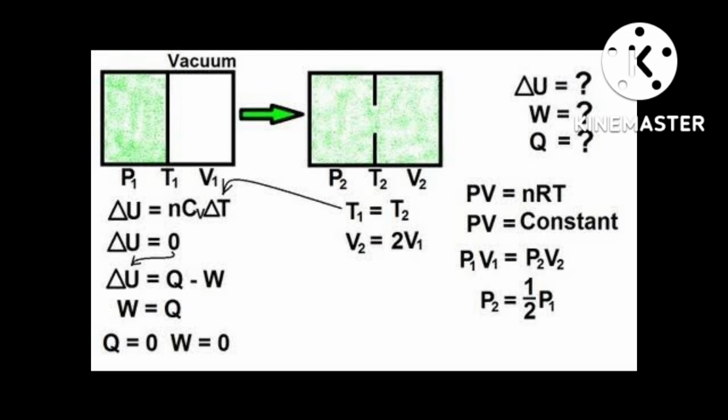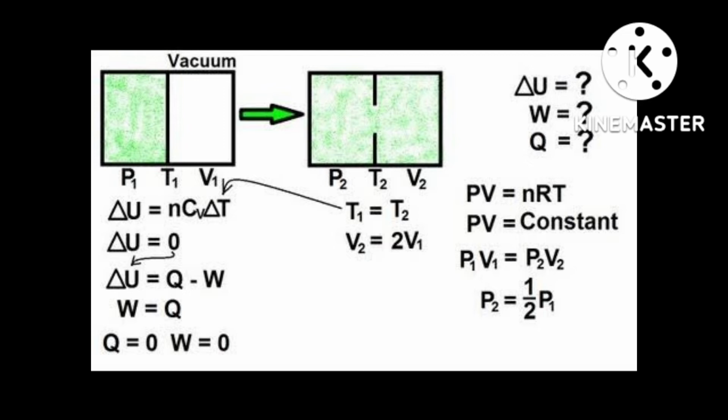Delta U is equal to Q plus W, but in free expansion W is equal to 0 and Joule also experimentally determined Q is equal to 0 in this case.